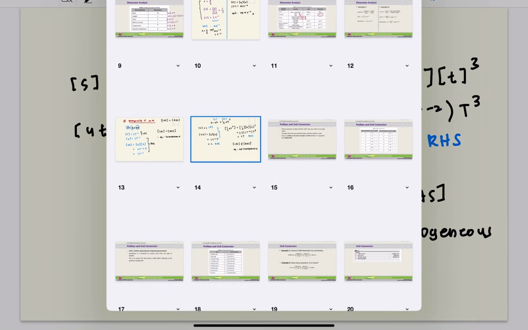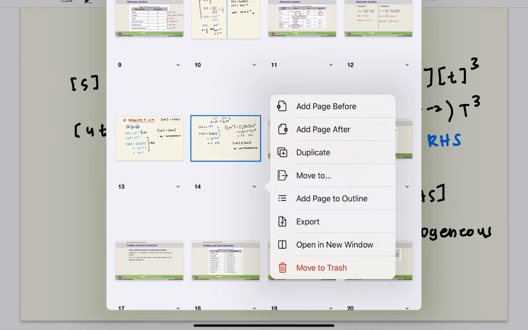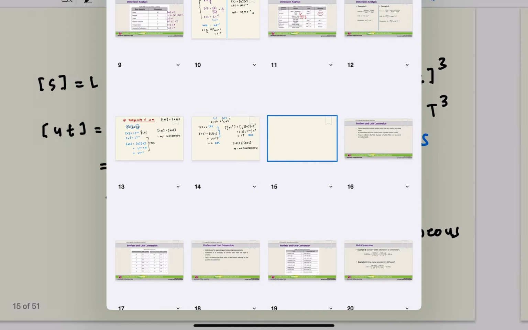Okay, satu lagi. Contoh yang saya cakap tadi, kalau dia homogeneous tapi equation dia tak semestinya betul. So let's say you have the same equation, ut plus at squared. Okay, you know that this equation is not correct, right? But it is homogeneous. We have S, which is equal to L. Then you have ut. I have calculated this before.